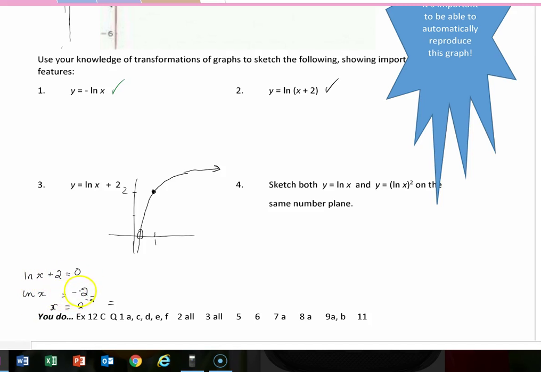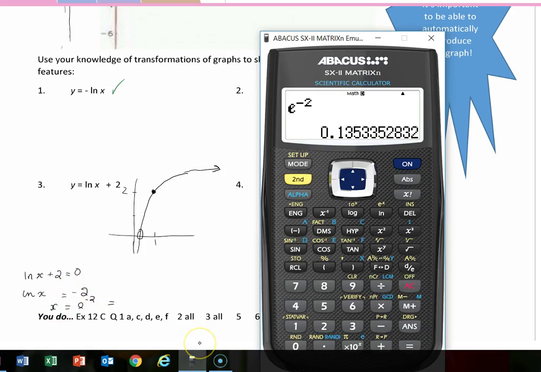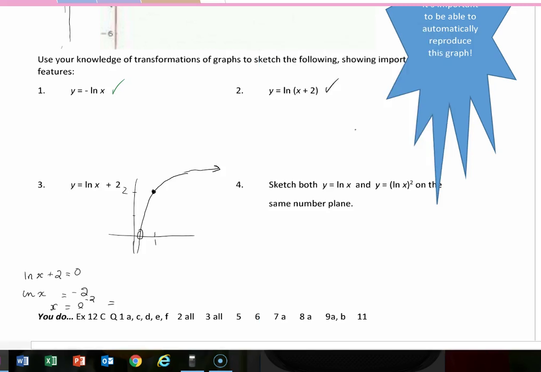Where is log of x equal to -2? Using the definition of a log, the log of x is the power to which e needs to be raised to get x. So we know the power is -2. So I went to the calculator and did e to the -2, and it's saying that the number is 0.13, whatever. So we'll say approximately 0.1. Maybe it would be best to call this x value e to the -2.